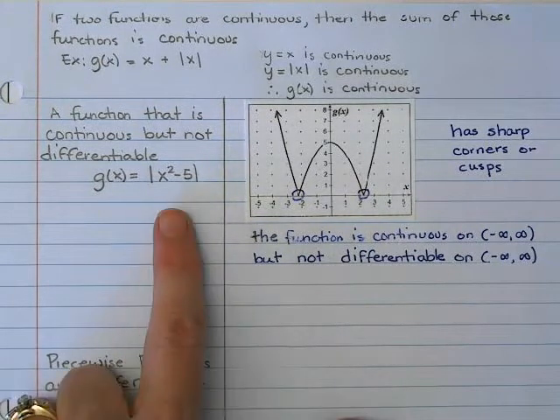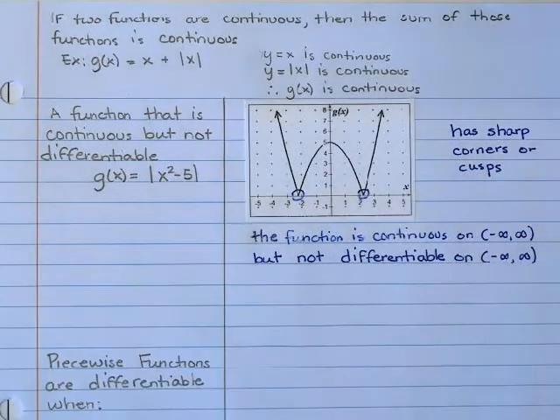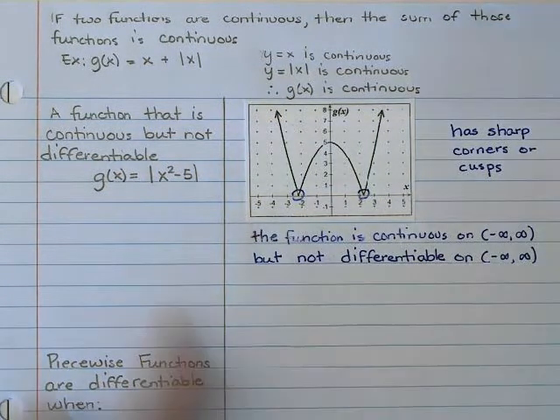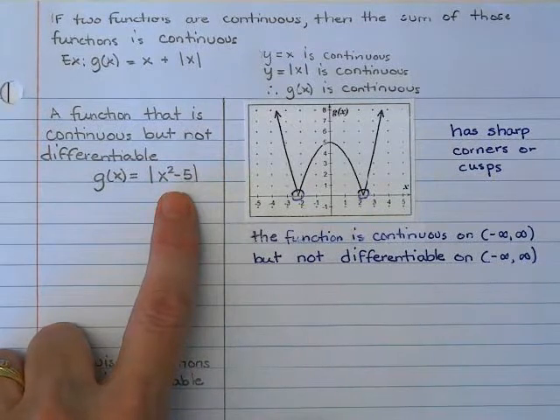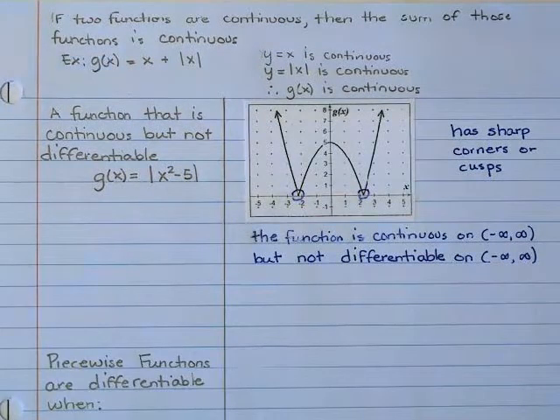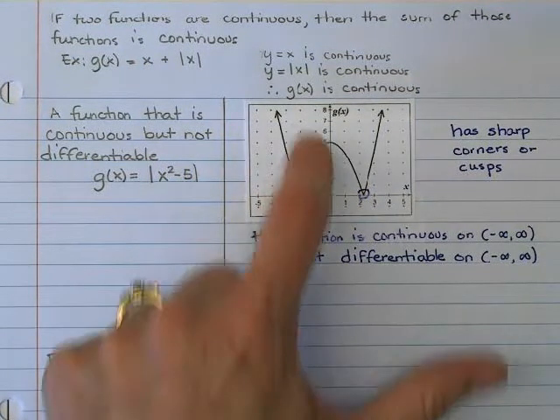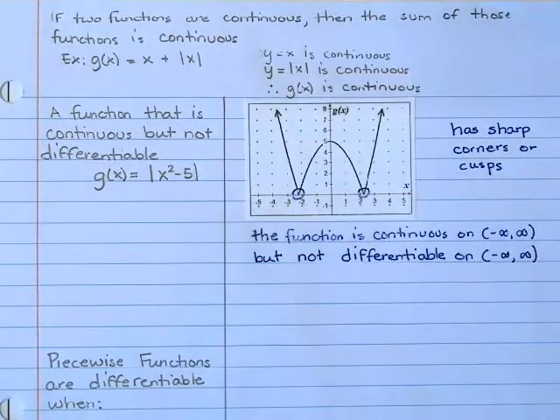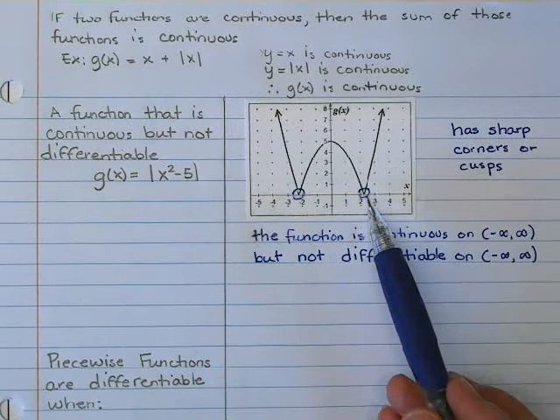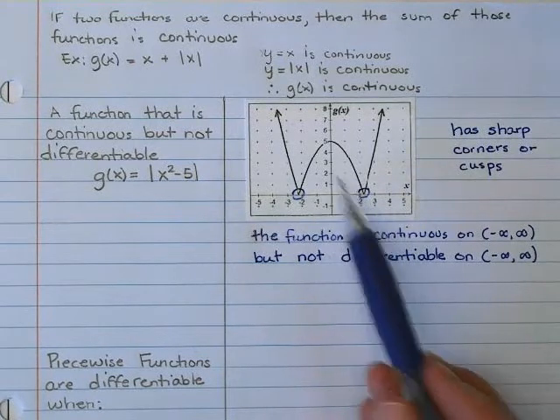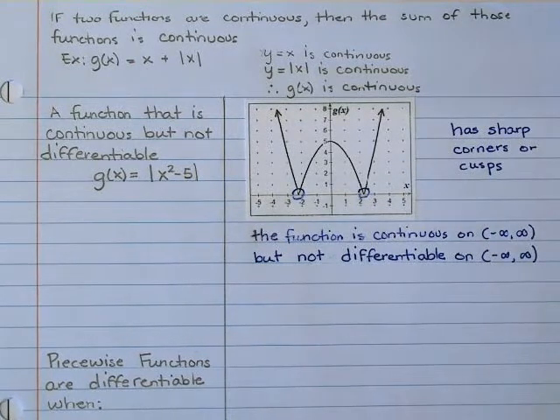Okay, so now we're going to look at what happens on something that is continuous but not differentiable. So I have the absolute value of x squared minus 5. And this little graph is in your packet, I think it says page 16. I'm hoping that you learned in pre-calculus how to get this graph. Like, this shouldn't be a mystery to you.